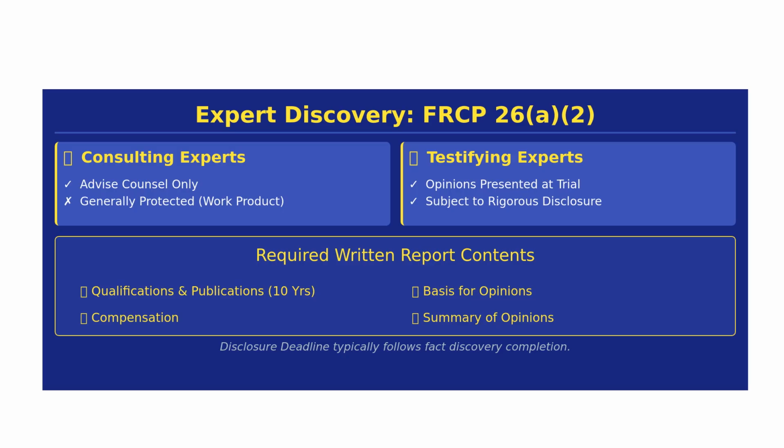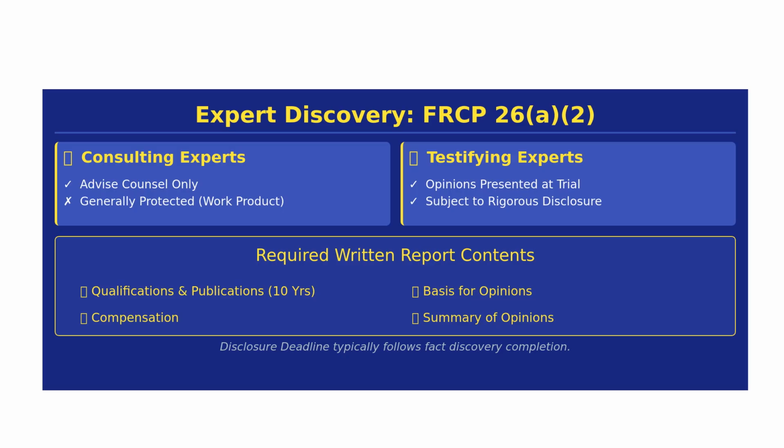First, we have consulting experts, those retained solely to advise counsel. Their identity and opinions are generally shielded from discovery, often protected by work product principles. Second, and far more relevant for disclosure, are testifying experts, those whose opinions will actually be presented at trial.